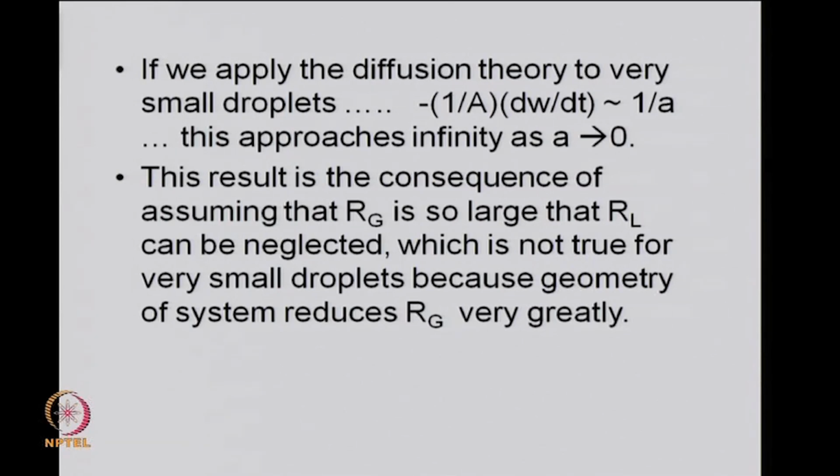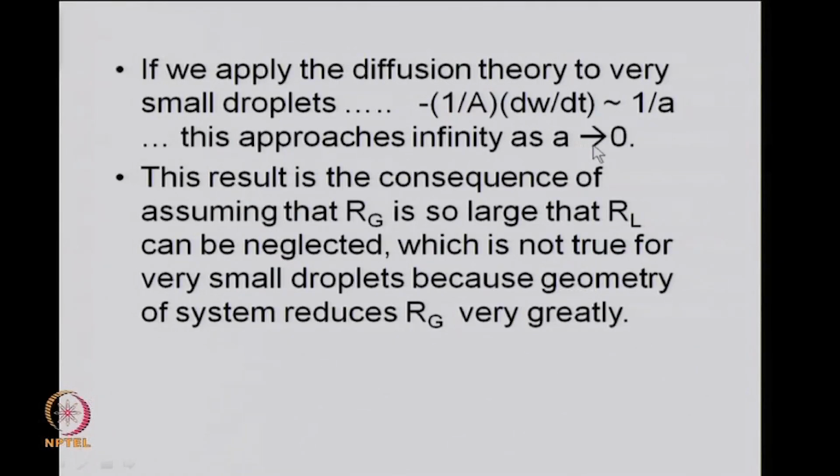So, we see here a catch. We can't say that Rg alone will remain the controlling resistance in the entire history of evaporation, when we start with a given droplet and it all ends in vapor.